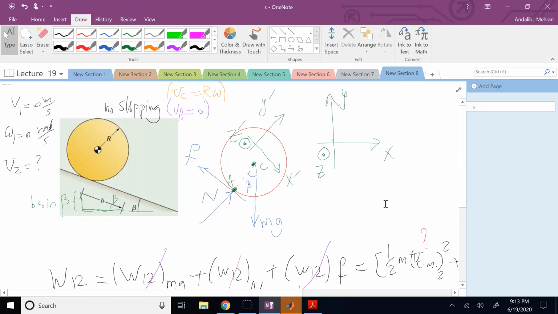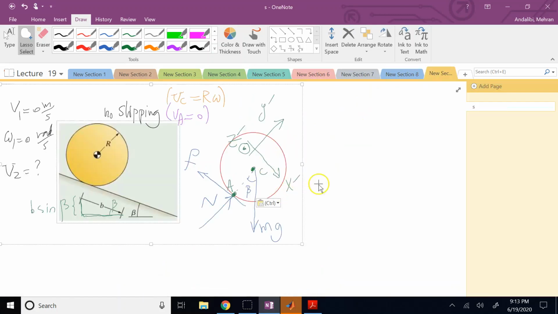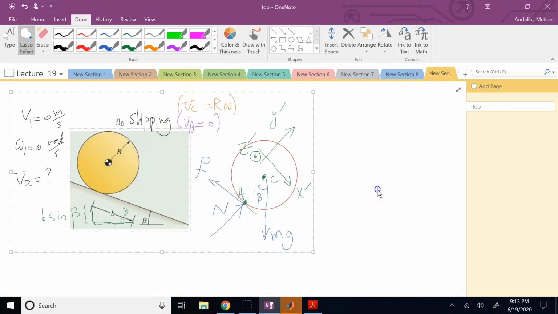So what I would do is copy and paste this whole thing here, which is basically the FBD, the coordinate system, and everything. So let's go here and paste it. There we go.